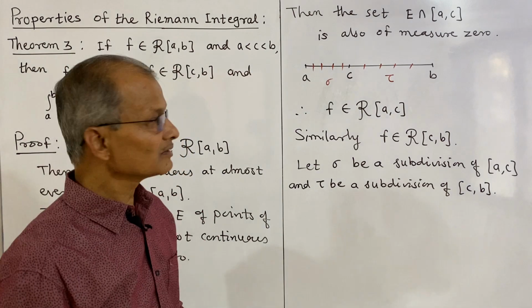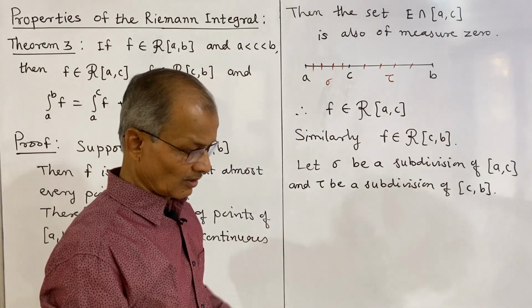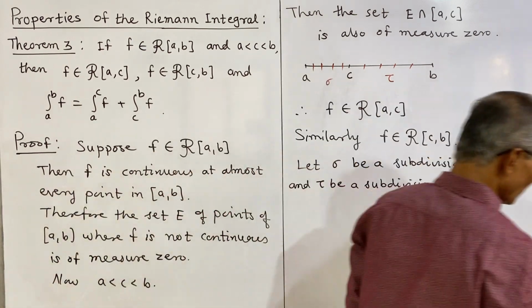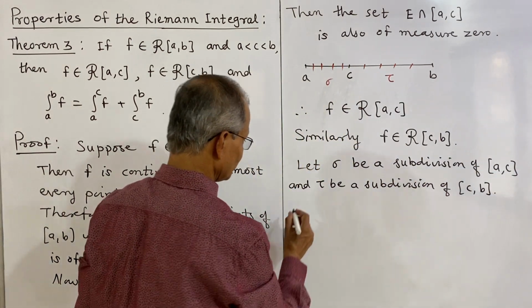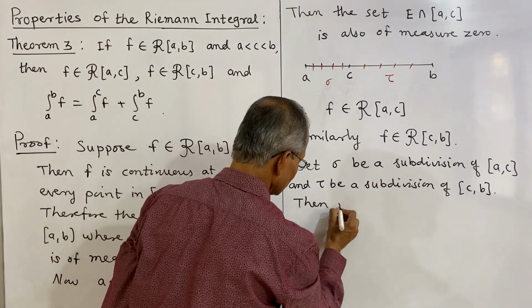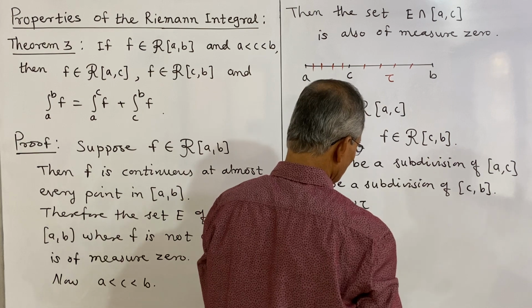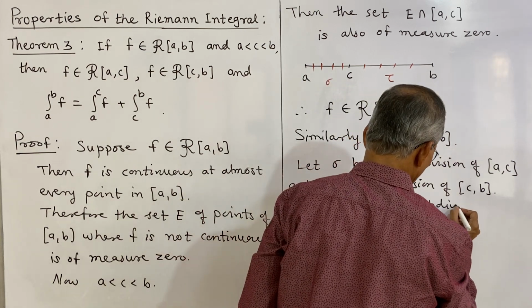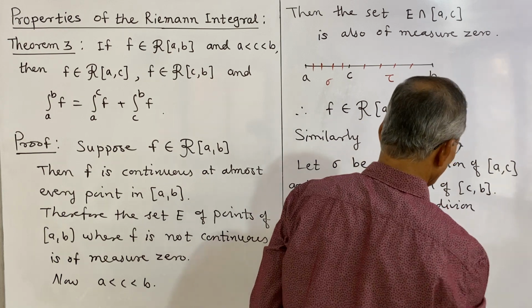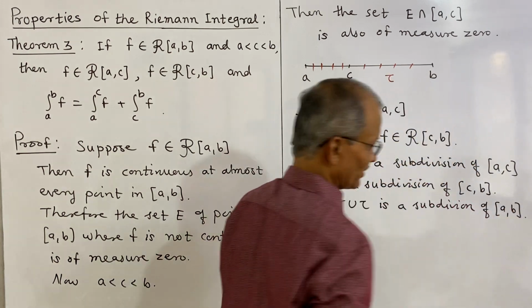Then the subdivision of the whole interval a to b will be sigma union tau. Then sigma union tau is a subdivision of the closed bounded interval a to b.